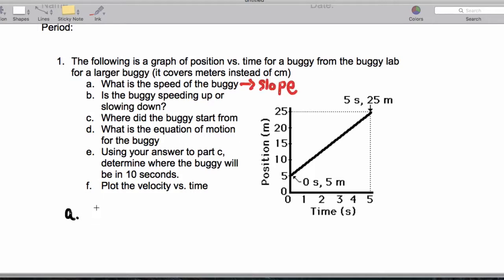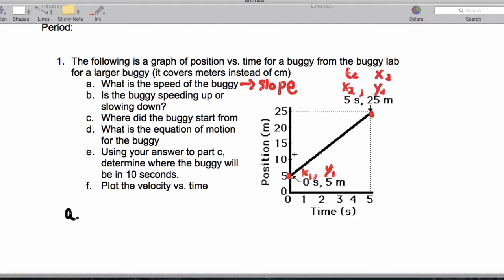And in this case, I have 2 points right here. I can call this point the x2 point and the y2 point. This would be the x1 point and the y1 point. But let's be really clear here. This should be time and position.